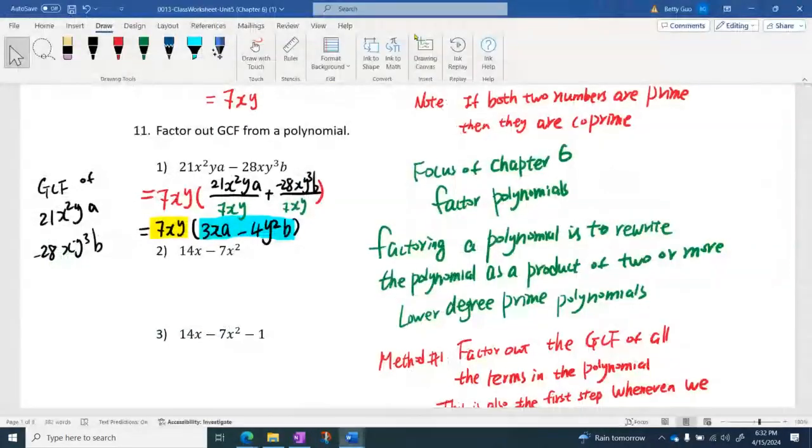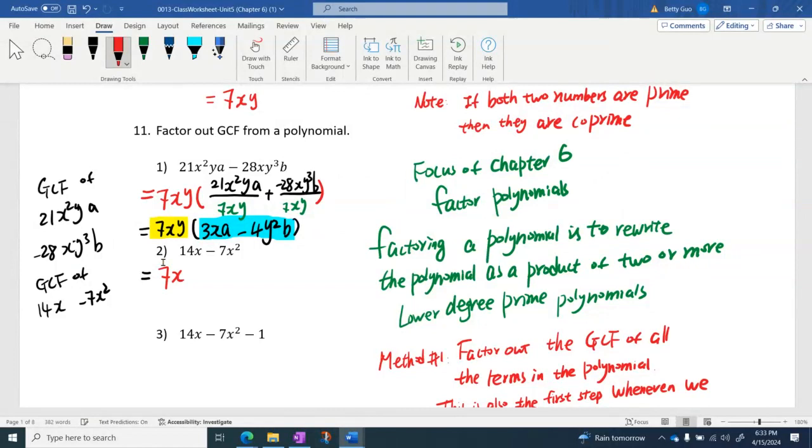Okay. So remember the first step whenever we need to factor a polynomial is to find the GCF, right? And the GCF has to be the GCF of all the terms in the polynomial. So we have two terms. The first term is 14x, second term is negative 7x squared, and we go by parts, right? 14 and 7, GCF is 7, x and x squared, GCF is x.